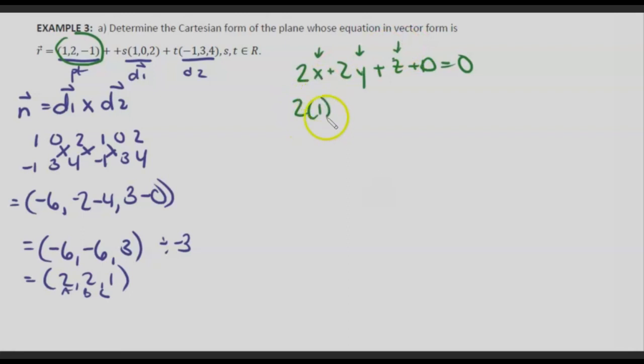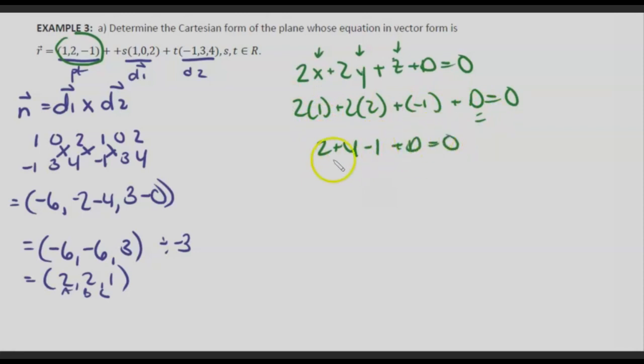So 2 times 1 plus 2 times 2 plus negative 1 plus d equals 0, and we solve for d. So we get 2 plus 4 minus 1 plus d equals 0. 2 plus 4 is 6 minus 1 is 5 plus d equals 0. And bring over the d, we get d equals negative 5.